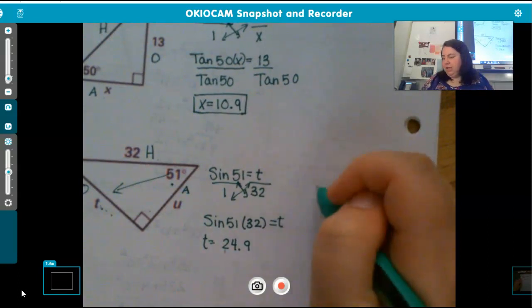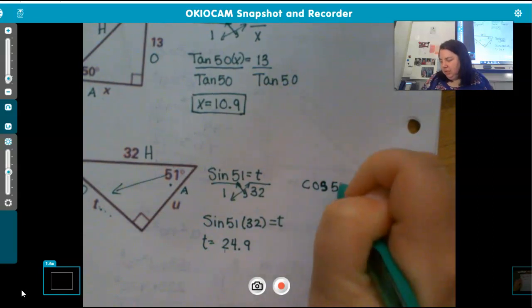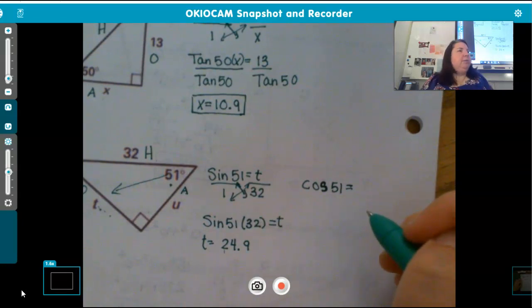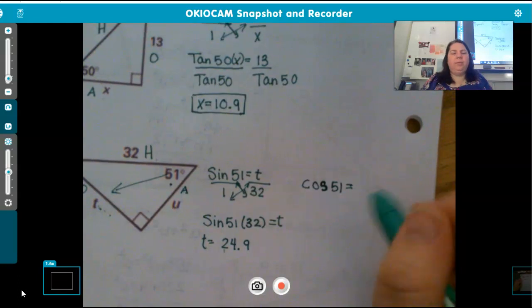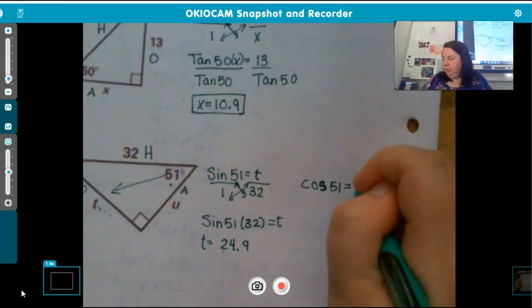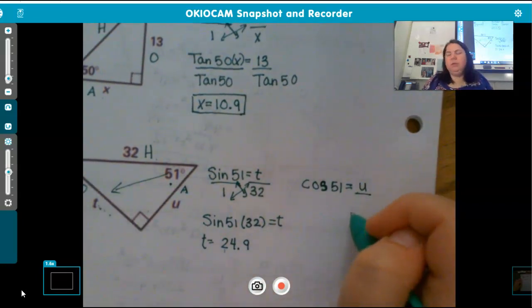So our cosine of what? 51. The cosine of 51 equals, what are we plugging in for adjacent? U. Thank you. U over what's our hypotenuse? 32.